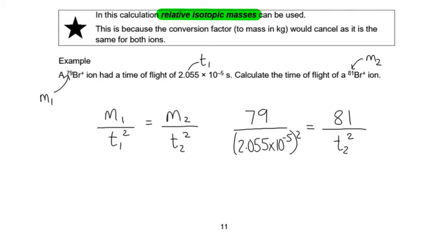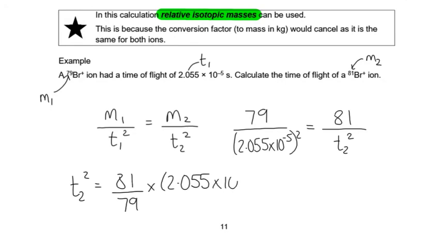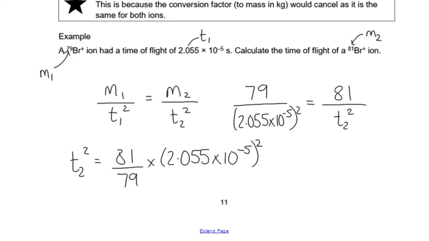Or because I've got two fractions, if you remember from your GCSE maths, you could flip both fractions upside down and it would still be correct. What you're going to find is that t2 squared is 81 over 79 times that mass. Now, if you find the algebra rearrangement difficult, calculate the number on the left-hand side and then do the algebra. It minimises the amount.